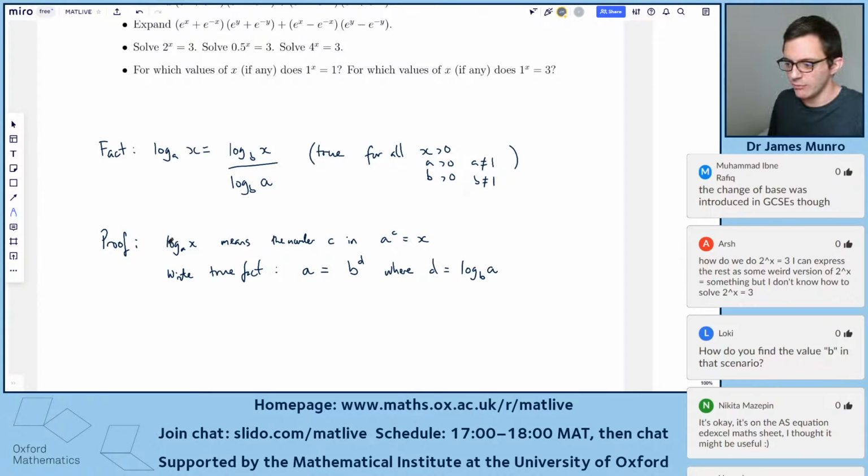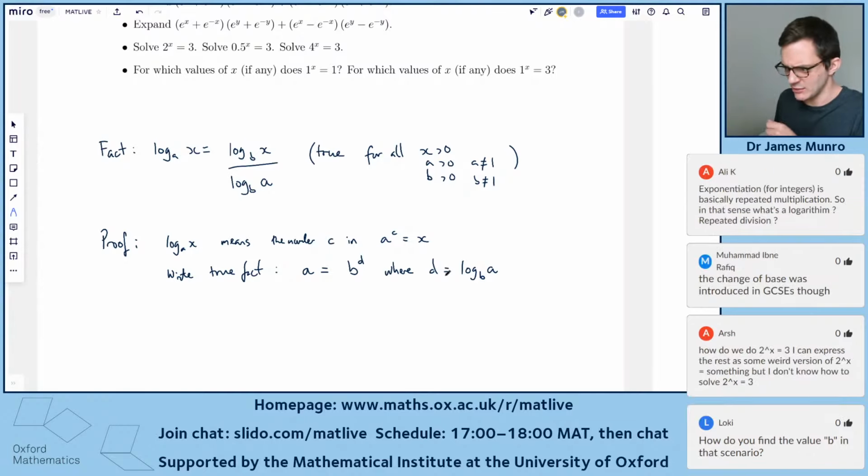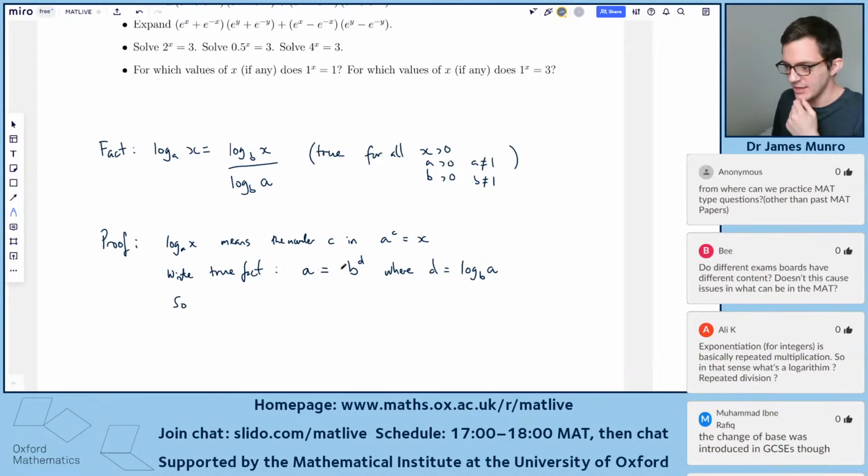So I've got the meaning of log base a of x, and I've got this true fact that you can swap from a to b like this. In fact, logarithms tell you exactly how to do that. I'm bringing in these new letters to keep track of what I'm talking about. So I can take this a and put it in here, and I get b to the power of d, to the power of c, is equal to x. So what does that tell me?